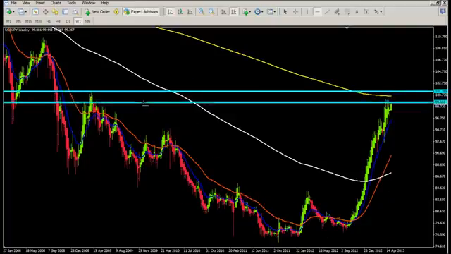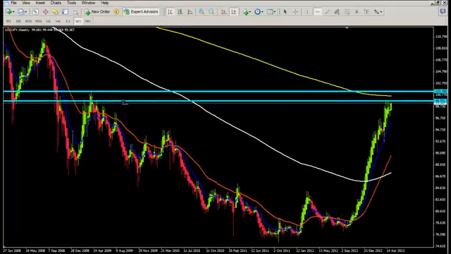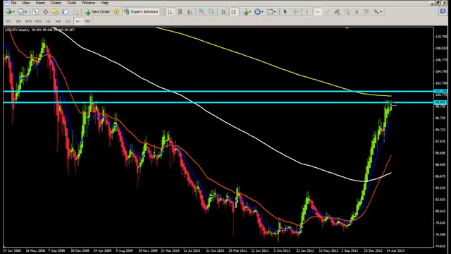Here's your line, take it as a little bit of help. Right now, you have a lot of touches there, right? So actually the price is at major resistance right now.